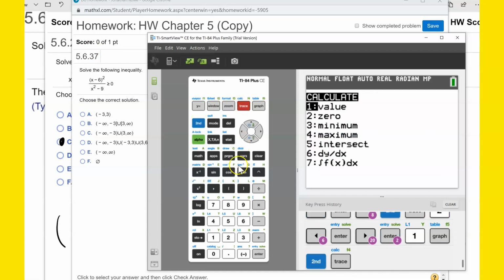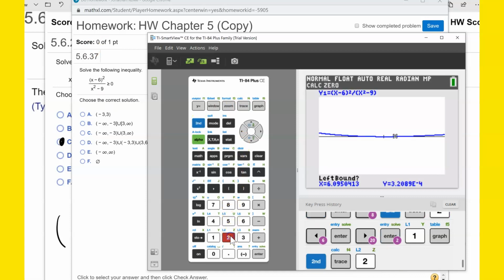Let me try that again. Notice too, all these values, my y value never becomes negative.